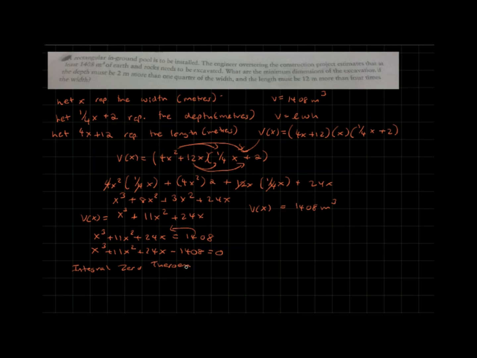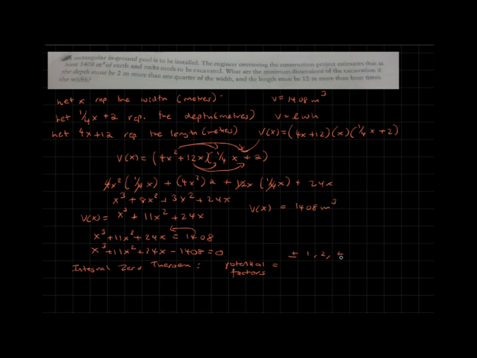The integral zero theorem basically states that the potential factors we can have are plus minus the factors of the constant, 1408, divided by the factors of the leading coefficient. You can imagine that there are a lot of these factors, so I'm just going to write a couple of them. So you have plus minus 1, 2, you can also have 4, and so on, up to 1408.